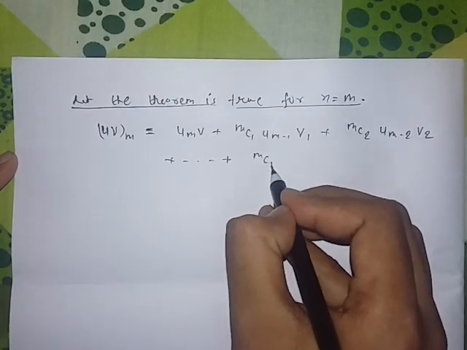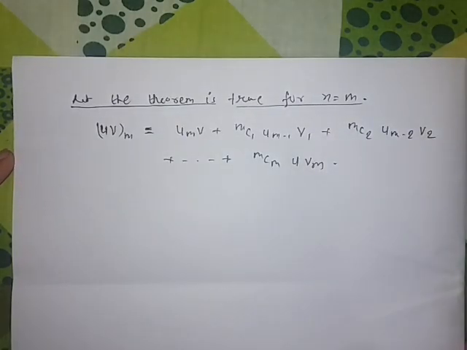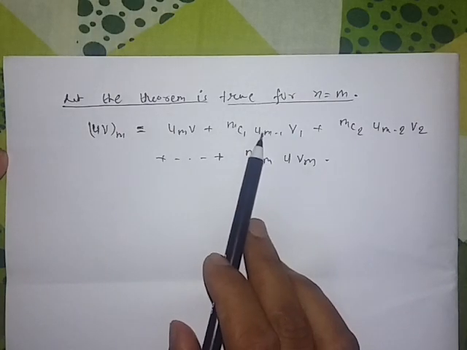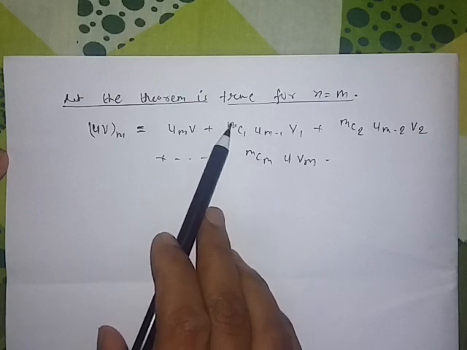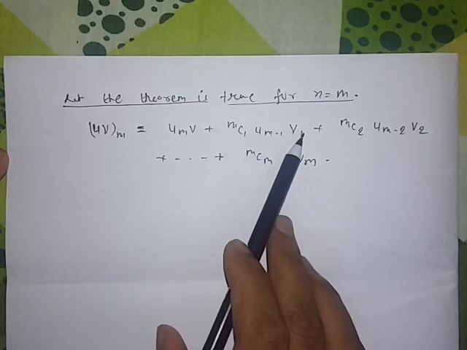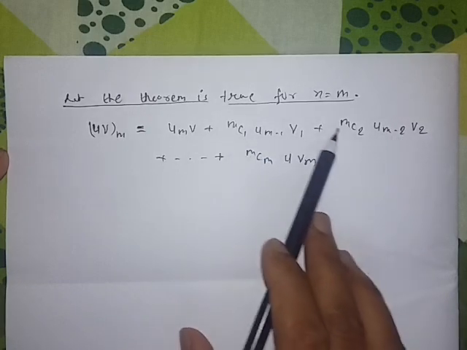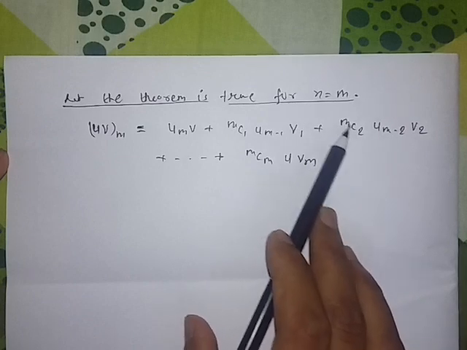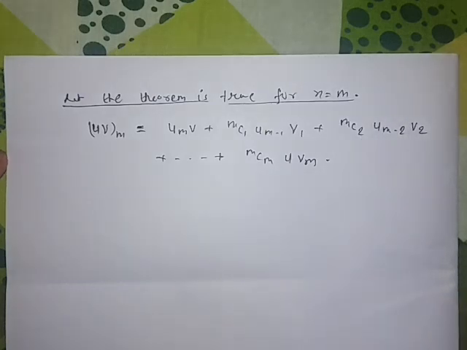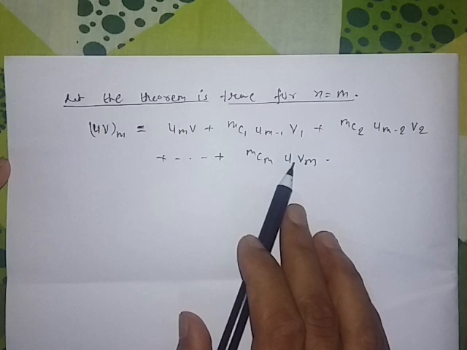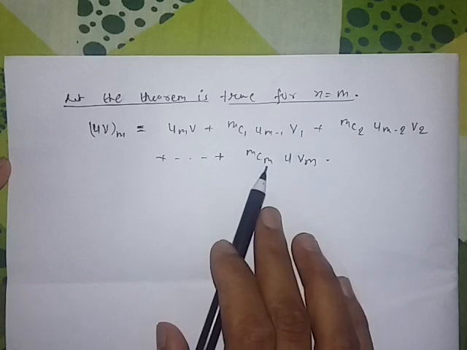The last term will be mcm u vm. We can note here that the m minus 1 is obtained from subtracting these two numbers, and this term 1 comes from this number 1. Similarly here m minus 2 is obtained by subtracting these two numbers, and this term 2 comes from this number 2. Similarly here it is m minus m equal to 0, and this number m comes from this number m.